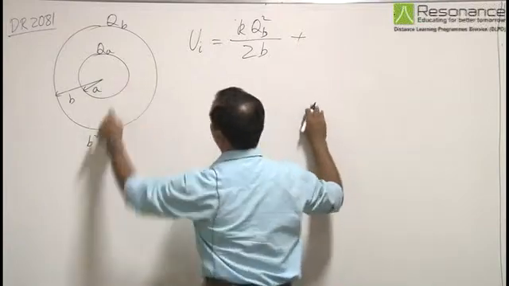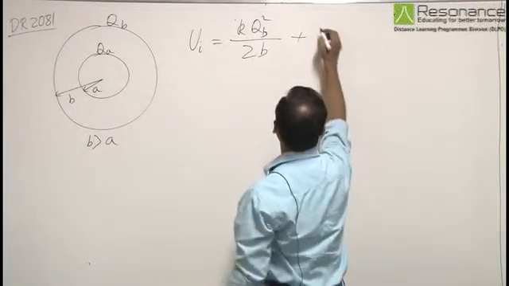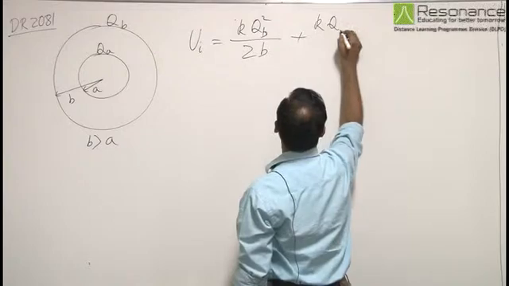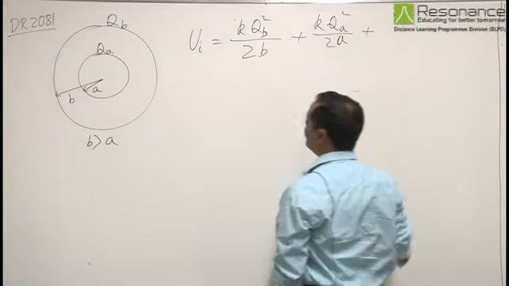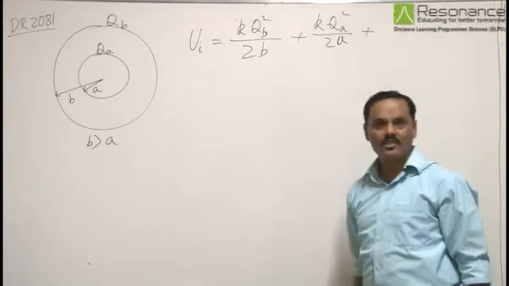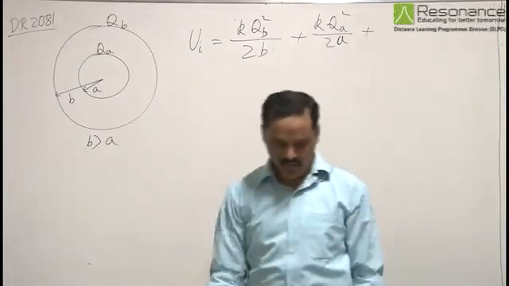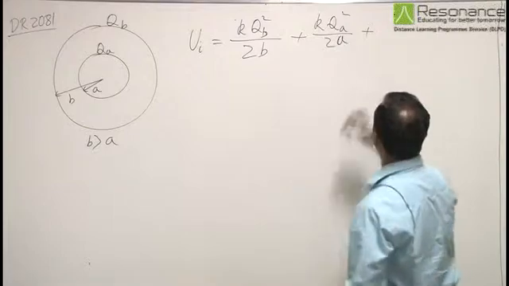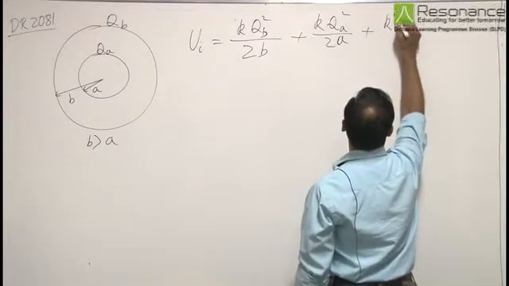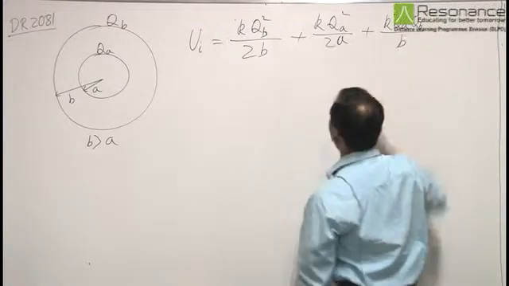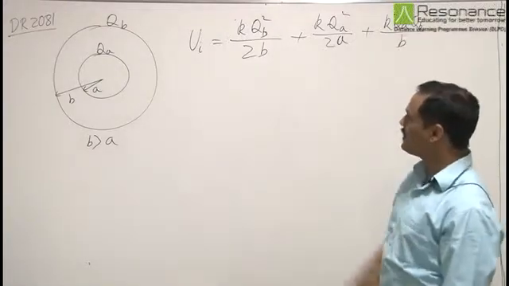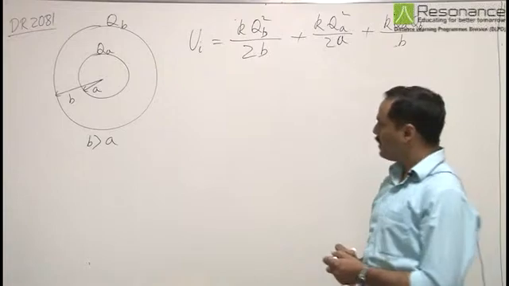Because of the charge on sphere A, the energy stored is k qa square by 2a. Now because of the interaction between the spheres, we have the interaction energy k qa qb by b. So this is the initial energy stored.